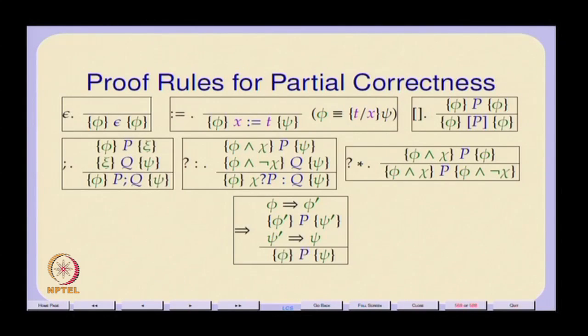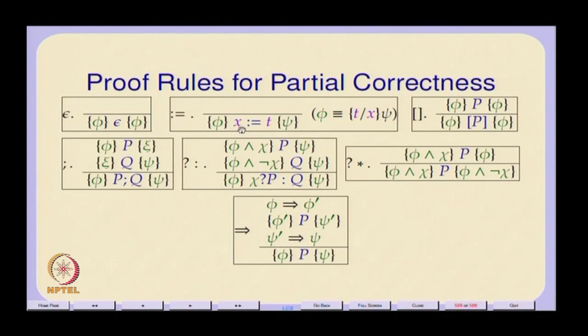Okay. So, the empty program basically does not change any state. So, any property that holds initially as a precondition also holds finally, right. So, this actually does not transform the predicate phi at all. Okay.